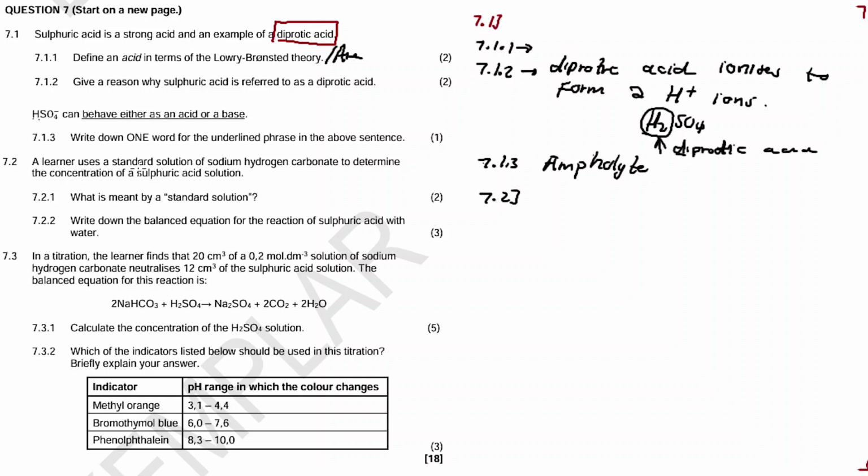For 7.2, Elena uses a standard solution of sodium hydrogen carbonate to determine the concentration of a sulfuric acid solution. Standard solution, another keyword, especially when it comes to titration. 7.2.1, what is meant by standard solution?